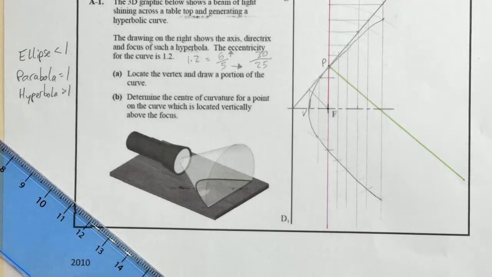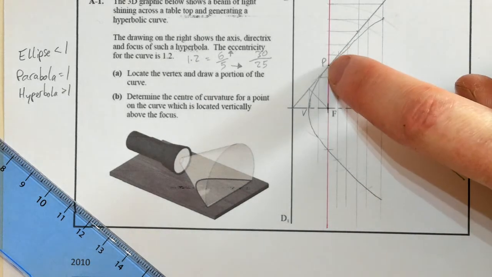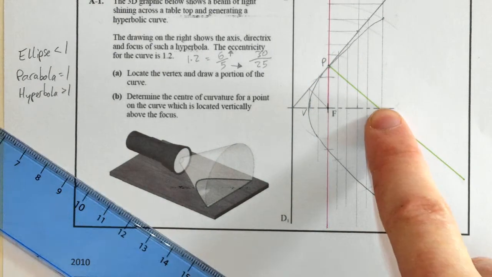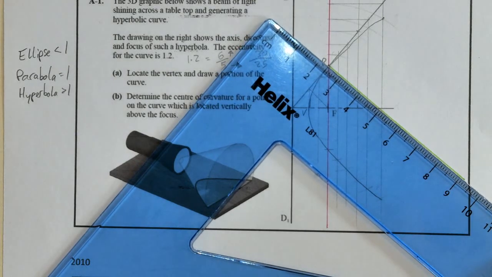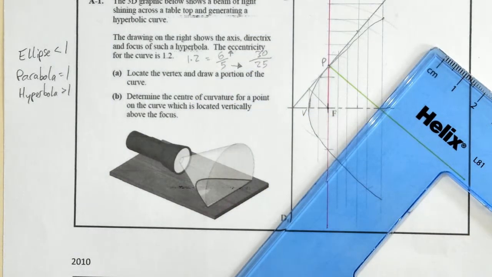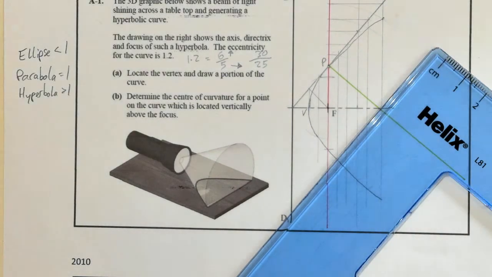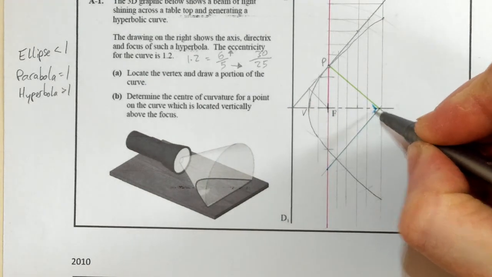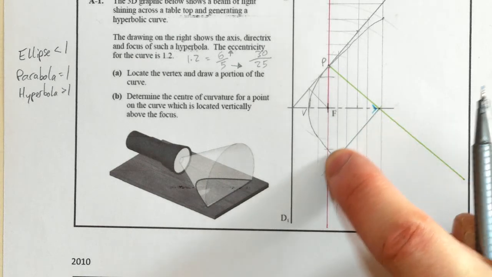Now there's a bit in this as well. So we've drawn our normal, we've joined P to F and extended it out. Next thing, where the normal hits the axis, we're going to go 90 degrees to the normal. I might highlight this here in a different colour and mark in where it's 90 degrees. Okay, so normal hits the axis, we go perpendicular to the normal.